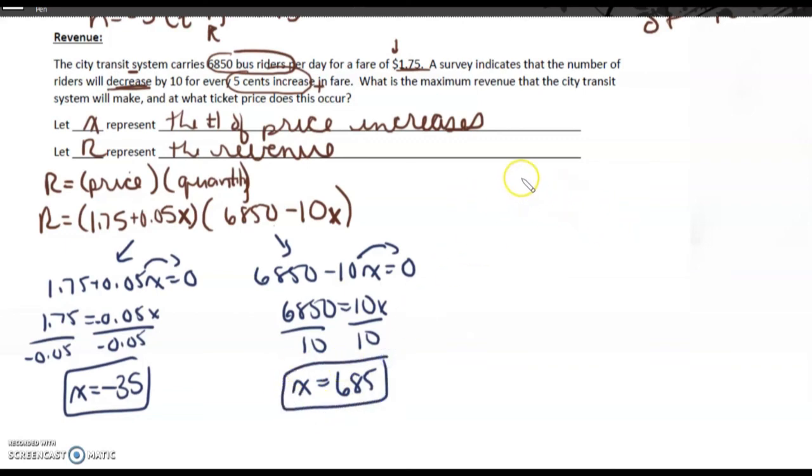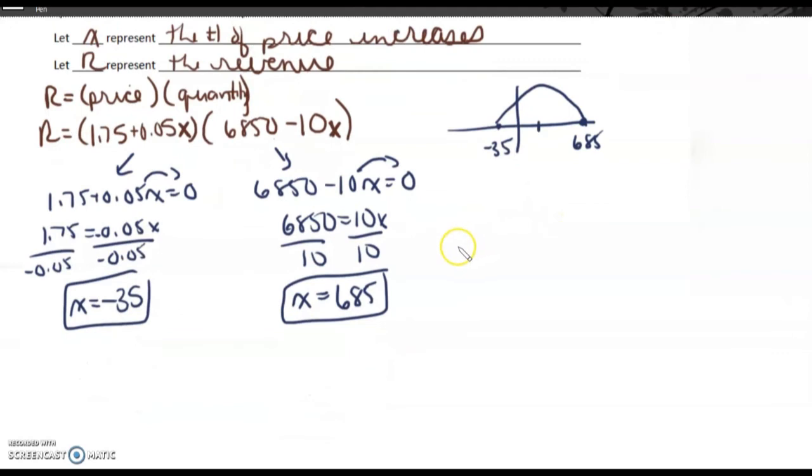Okay, so this graph is going to look something like this. 685, which is going to be way over here, and then negative 35. And our graph is going to go up and down. Okay, so this one's not as straightforward as to where the middle number is. So I'm going to formally say x is going to be the average of negative 35 and 685, and obviously divided by 2.